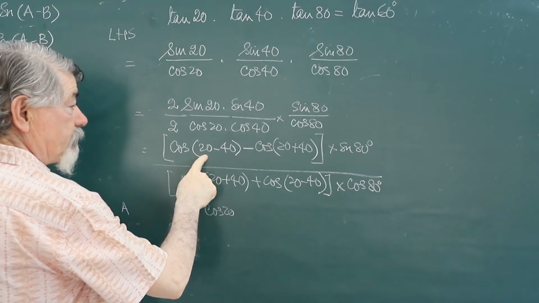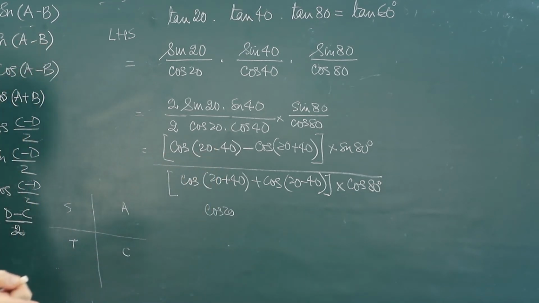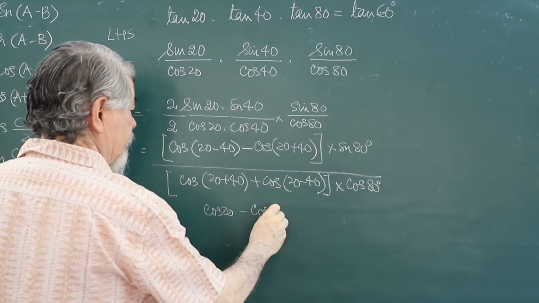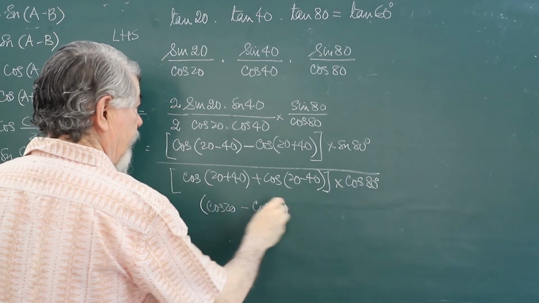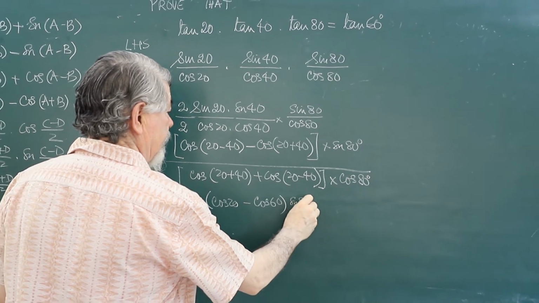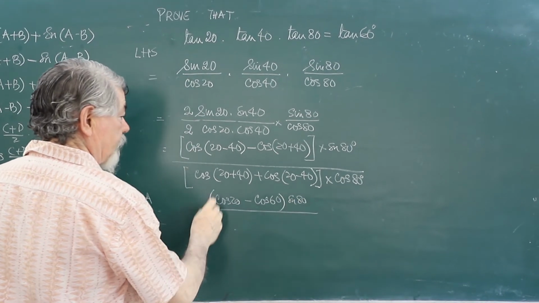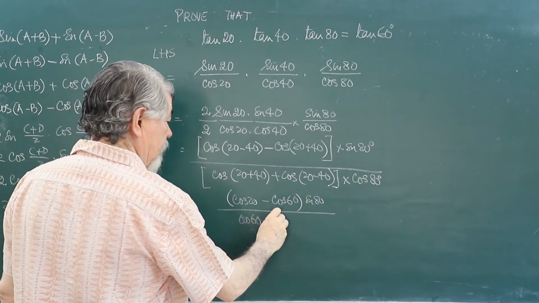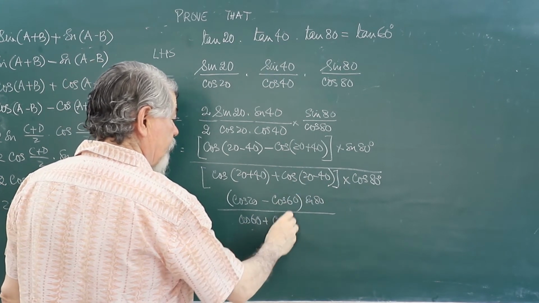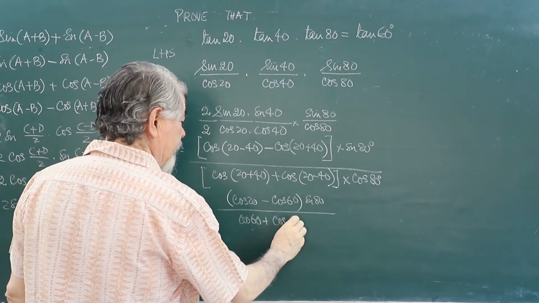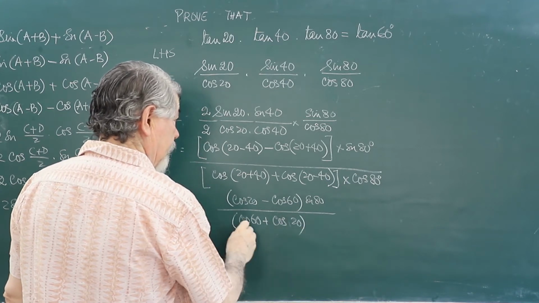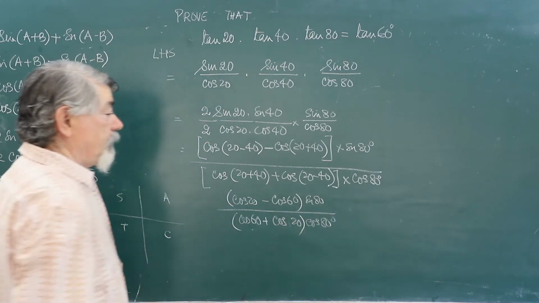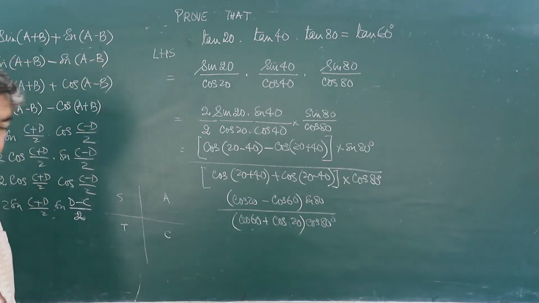It will become cos minus 20, but cos minus 20 is cos 20 only, minus cos 60 multiplied by sin 80 upon, this will become cos 60 plus again cos minus 20, which will remain cos 20 only, into cos 80.